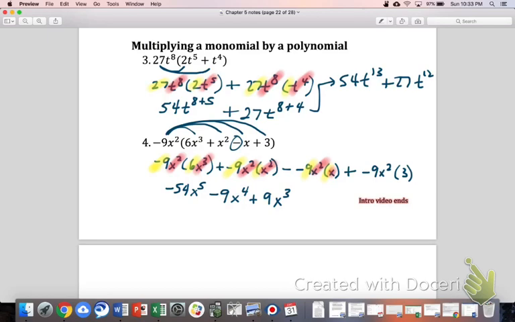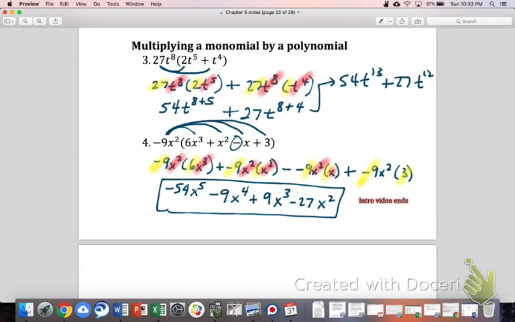And then the last term, once again, I've got numerical bases of negative 9 and 3. So that would be minus 27. And there's nothing to multiply the x squared by, so it just remains x squared. This would be our final simplification for this multiplication, this product.